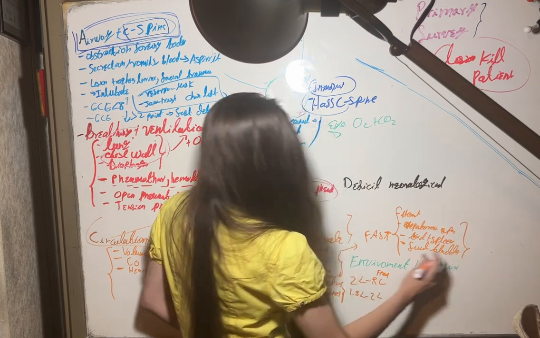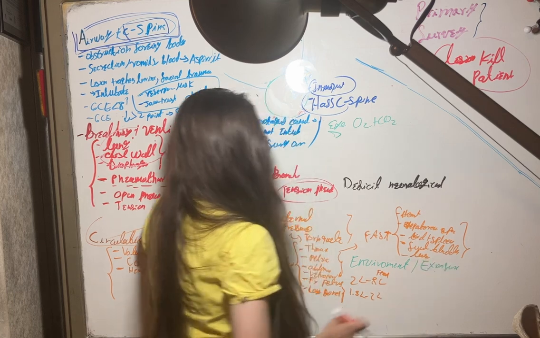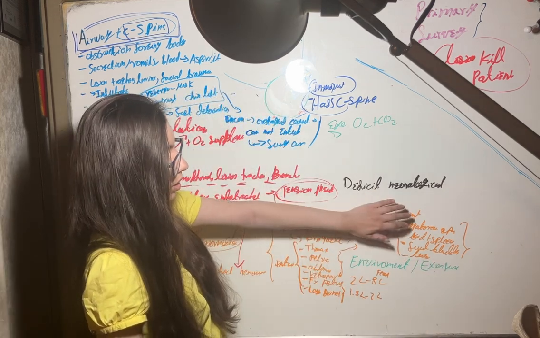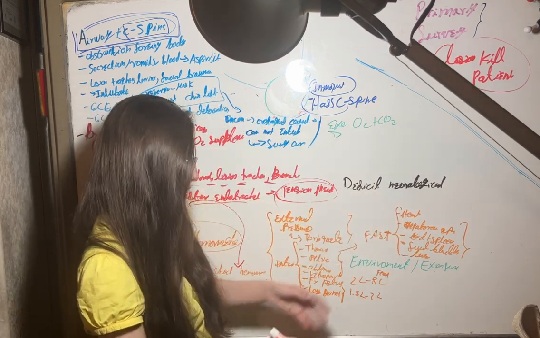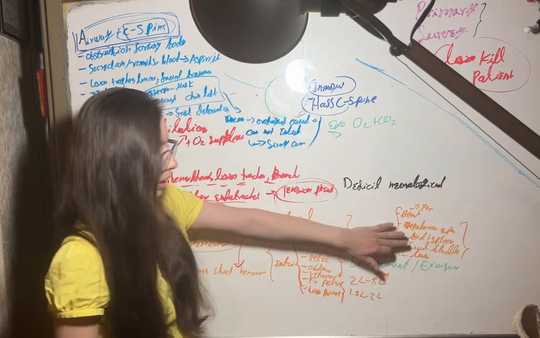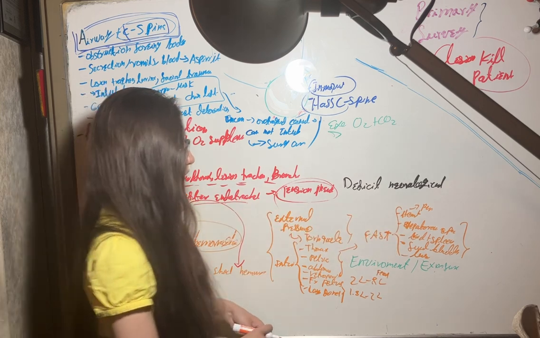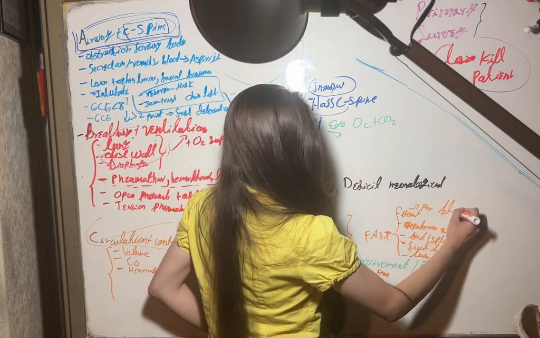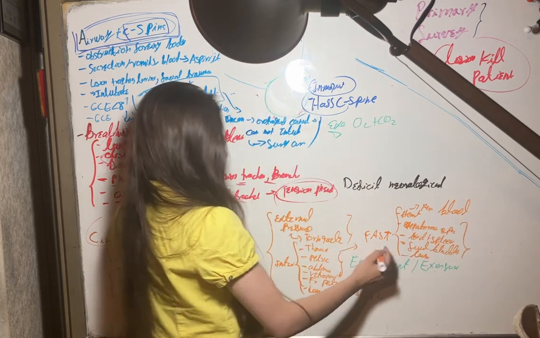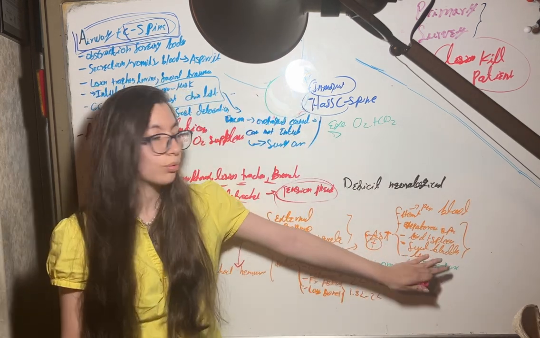There is an expanded FAST which also evaluates the lungs. By evaluating these four spaces, the heart, specifically the pericardium, and these other three, we can evaluate if we have accumulation of blood. And if the FAST is positive, then we need to take the patient to surgery.